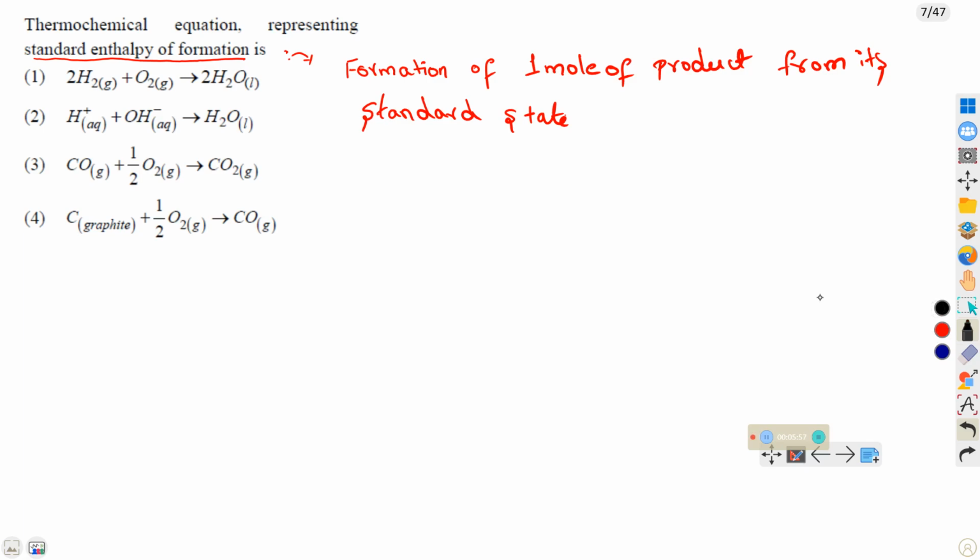Here 2 moles of product is formed, so straight away this is a wrong option.